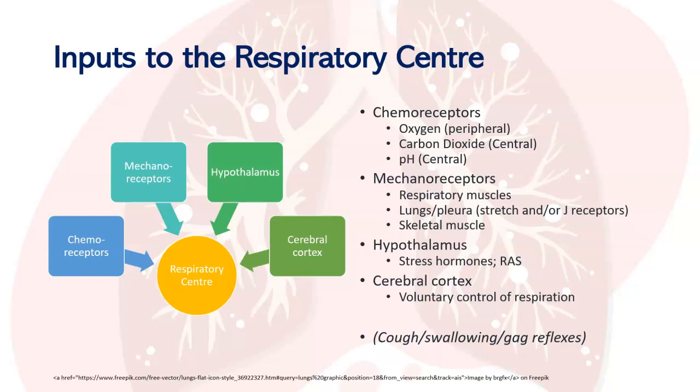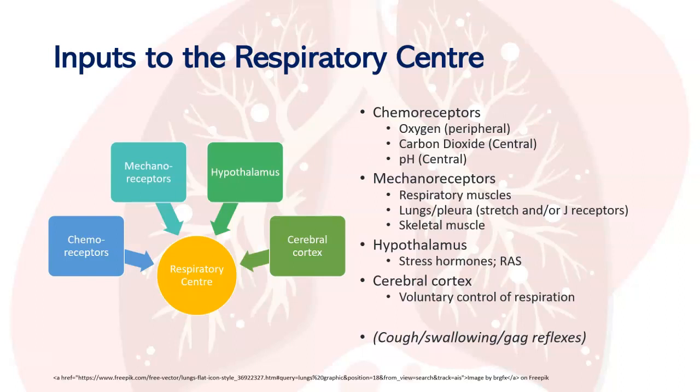The oxygen chemoreceptors are peripheral, situated in the carotid bodies, whereas the carbon dioxide and pH sensors are central, situated in the medulla. It should be noted that actually the central chemoreceptors really respond to a change in pH. So even with hypercarbia, remember that hypercarbia leads to respiratory acidosis, and it is that acidosis that stimulates the central chemoreceptors.